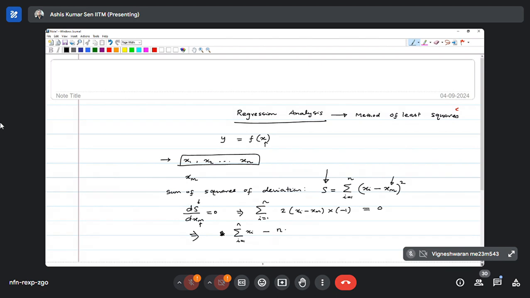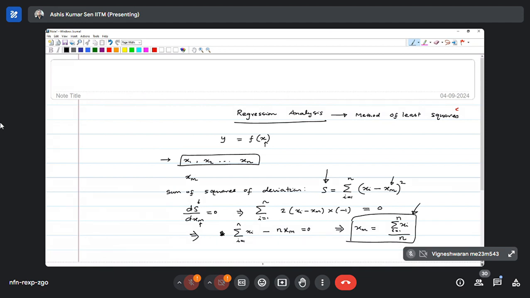So that is n into xm, equal to 0. So from here we can write that the mean value is the sum of xi, i equal to 1 to n, divided by n. So this is basically nothing but the definition of the mean value.